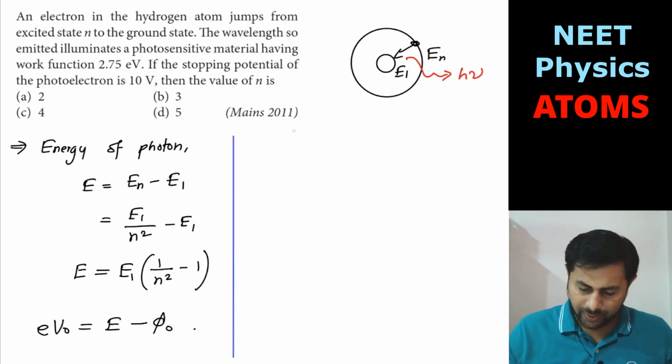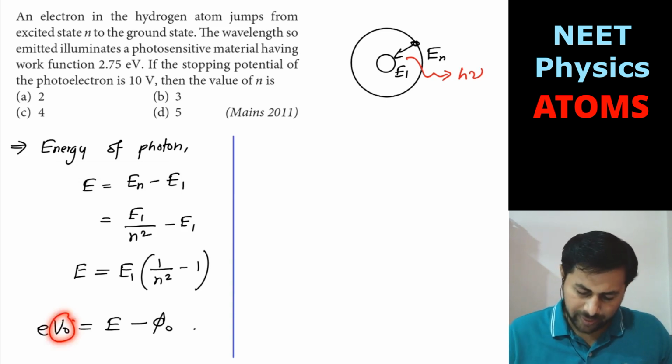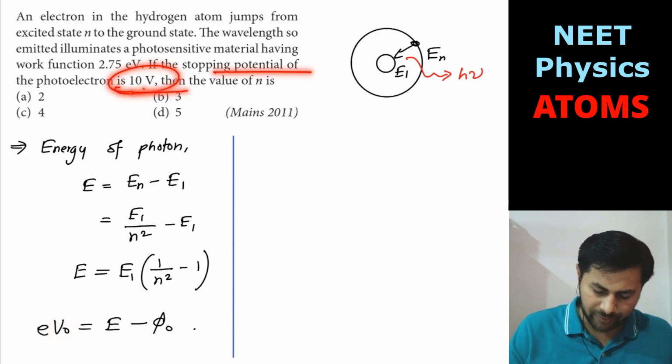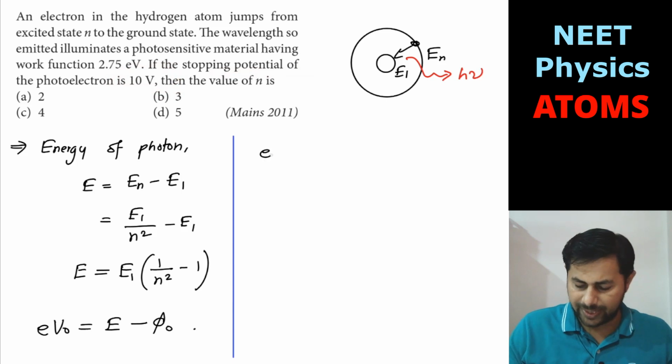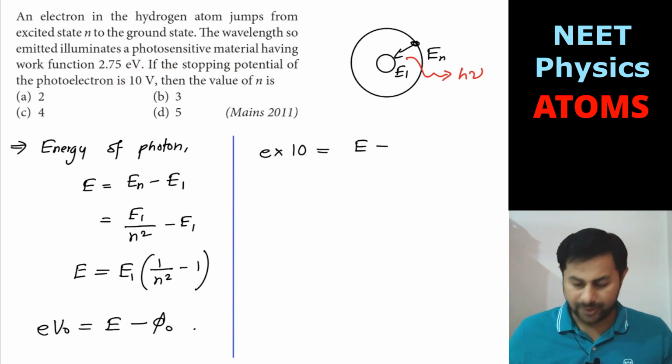Therefore you have, put V naught. How much is V naught? So stopping potential is 10 volts, so it's E times 10 volts is equal to E minus phi naught.